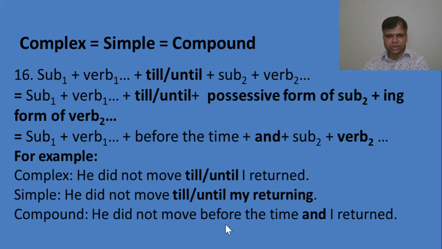Here we add before the time at the end of the independent clause, and then we use the dependent clause, and two clauses are joined by and, a coordinating conjunction. So then it will be a compound sentence.